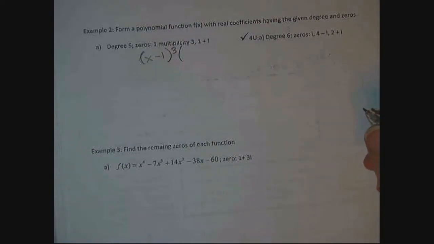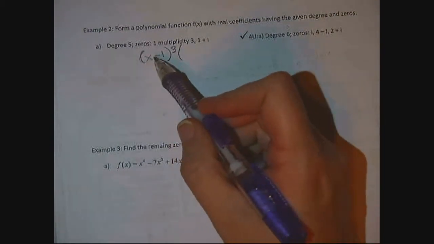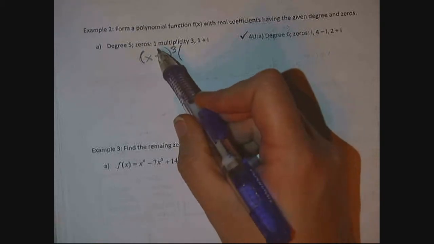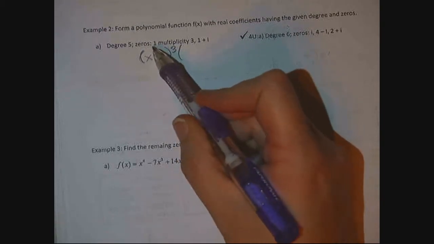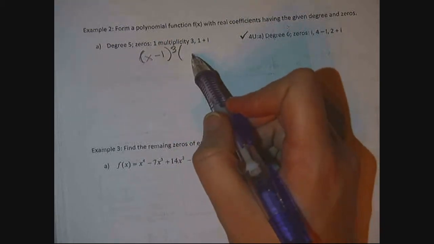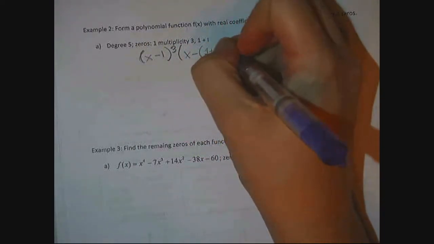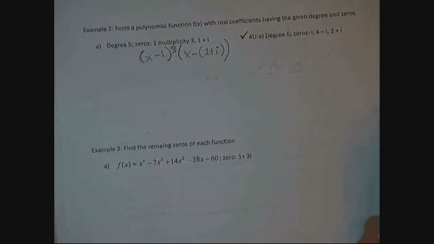If I consider my imaginary zeros the same as I considered my real zeros, I can follow the same form. So x minus 1 gives me the piece of the polynomial function for a 0 of 1. If I follow that same form here, I could say x minus my 0, 1 plus i, could give me that second piece of my polynomial function.